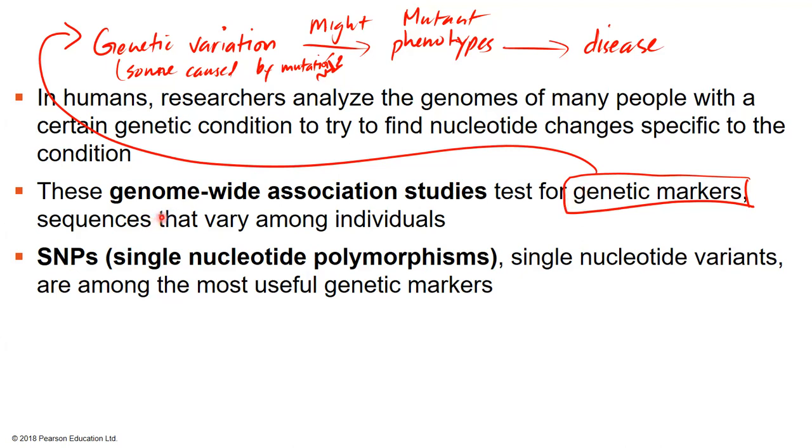So SNPs, again, are single nucleotide polymorphisms, which means we have substitution of single nucleotides at a specific location within the gene.